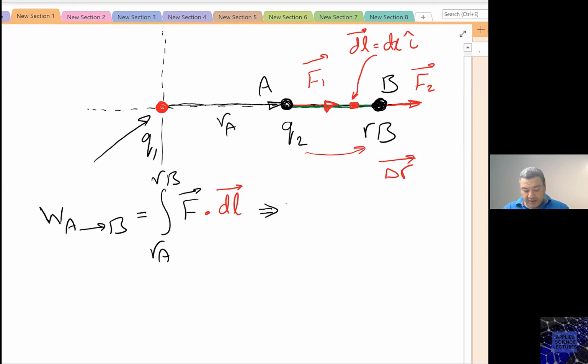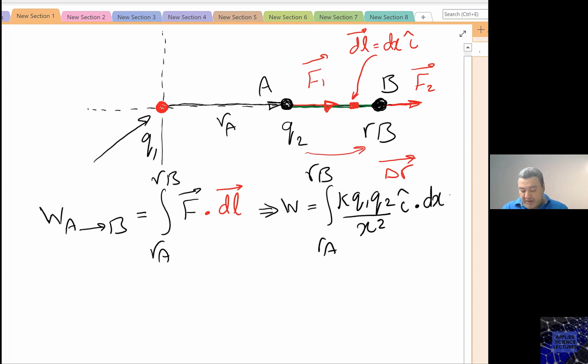Now we can say that this W is the integration from RA to RB of the force, which is K Q1 Q2 divided by x squared. This is my variable now along the x-axis, I hat.